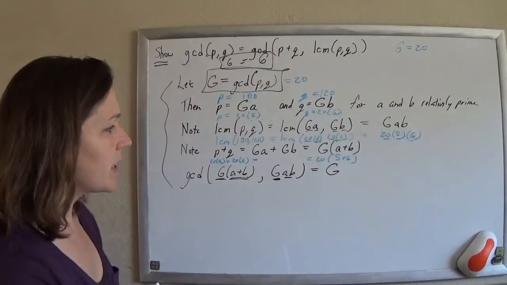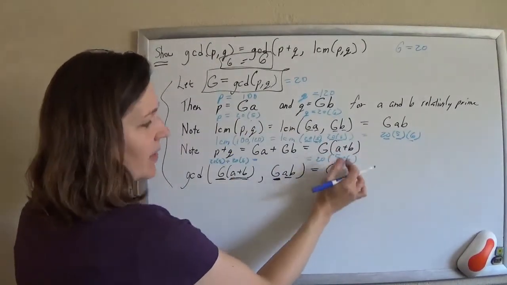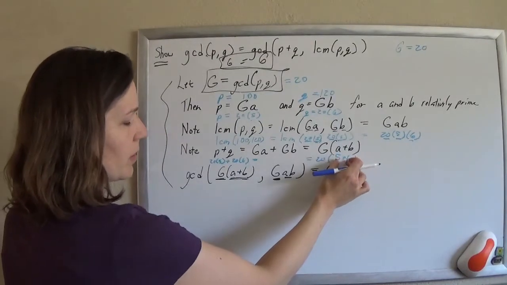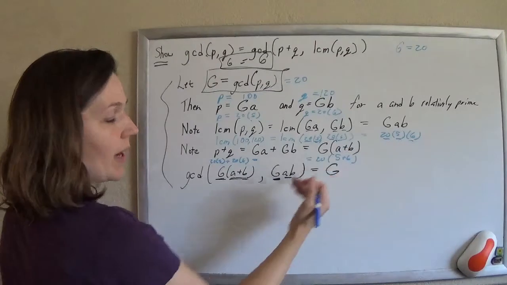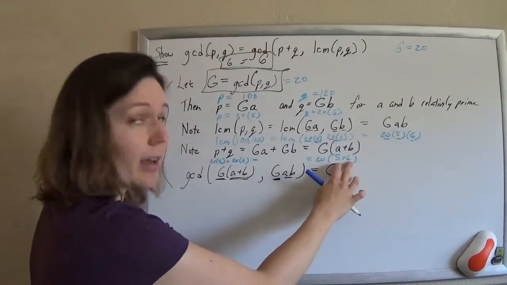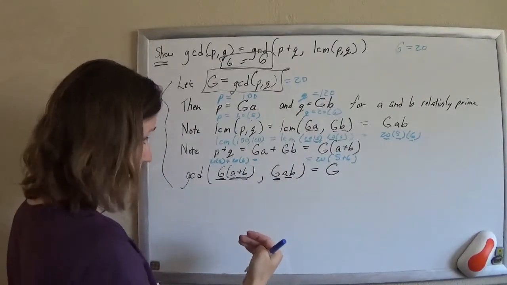And so you can see that what I have left over was the A and the B, and that's 11, and I can't pull out any other factors from those two, because A and B are relatively prime, so they don't have any other factors that I can pull out.